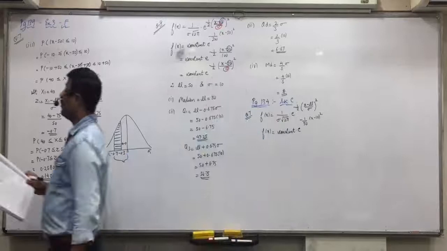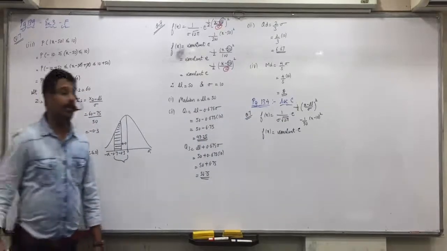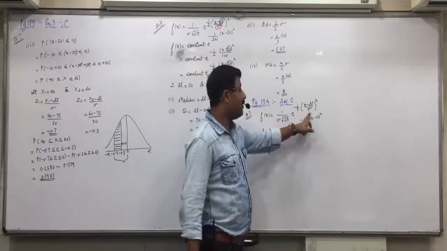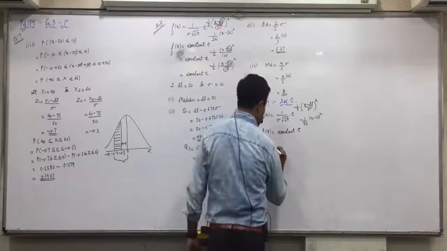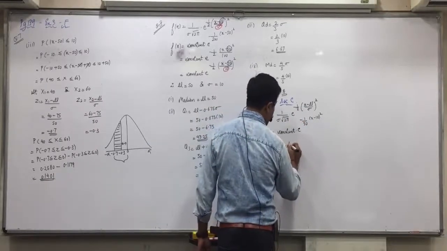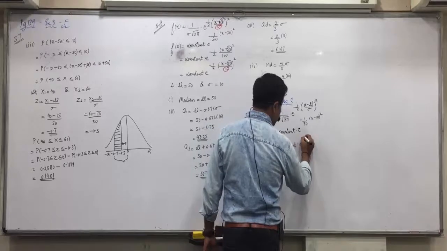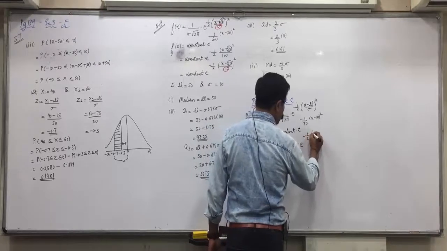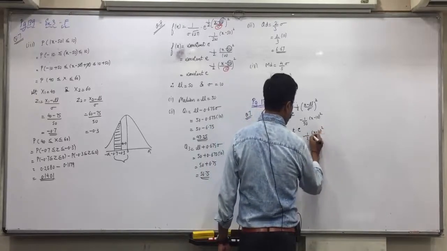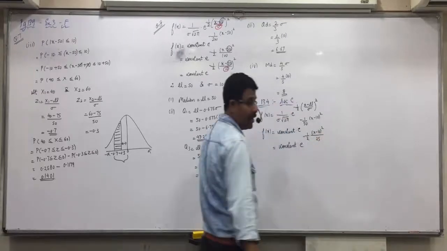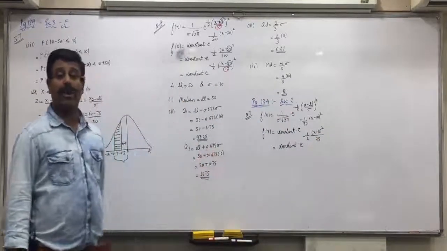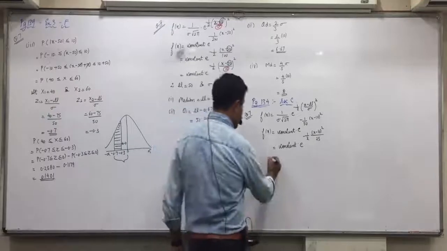First of all, if you take 2 common from 50, what will we get? 25. Constant into e raised to minus 1 by 2, then (x minus 10) whole square upon 25. Now 25 is the square of 5.